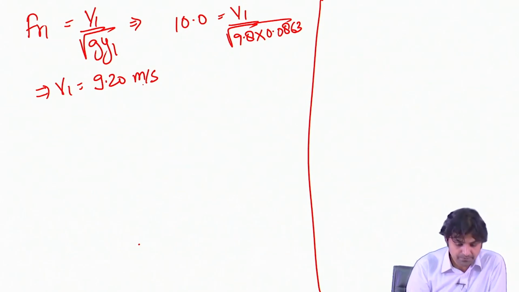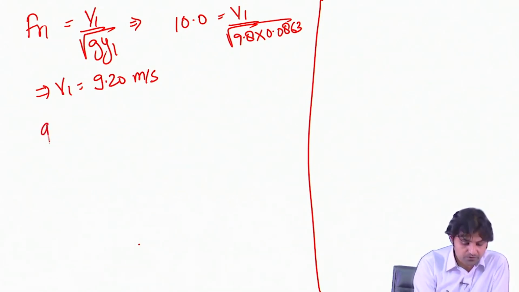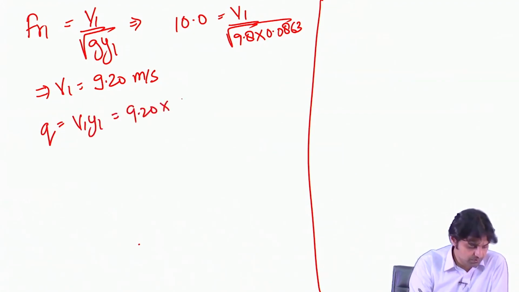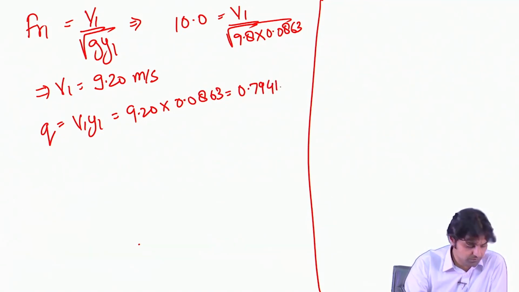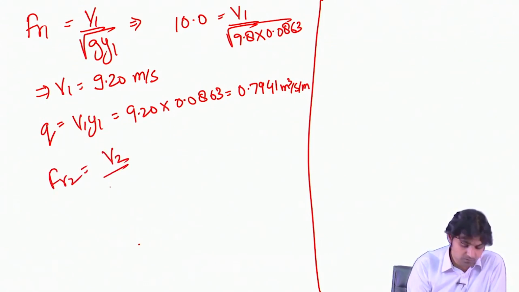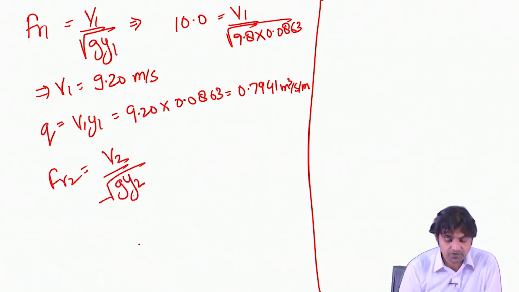All right. Small q is going to be v1 y1. So, 9.20 into 0.0863 is 0.7941 meter cube per second per meter.